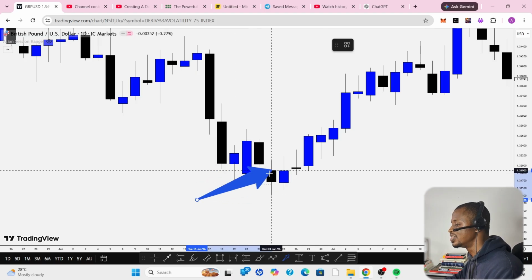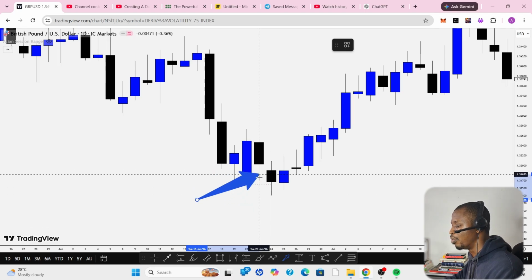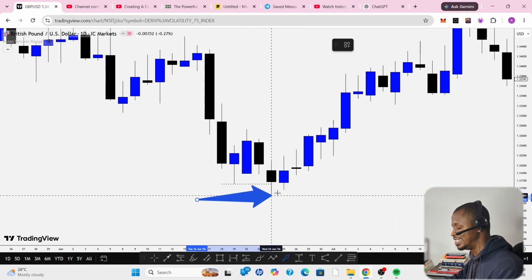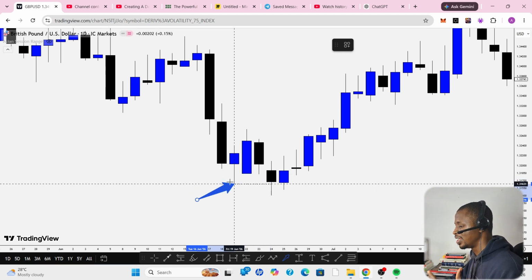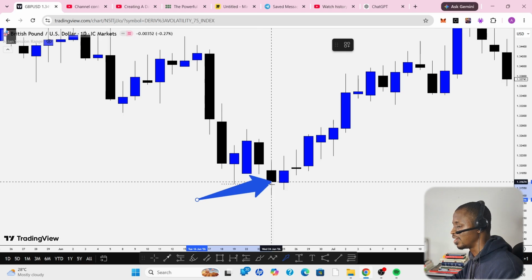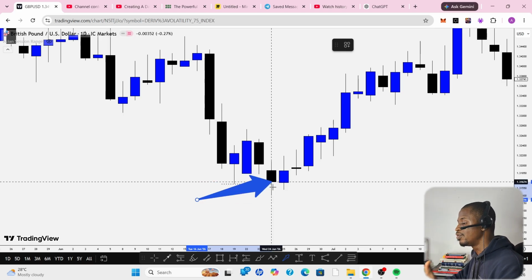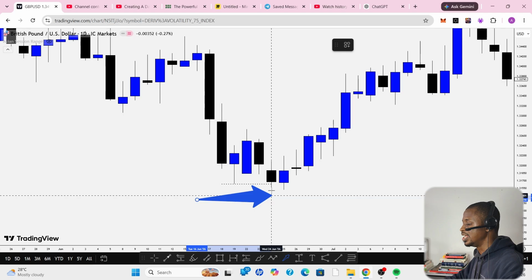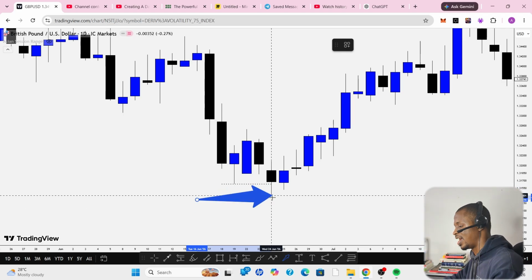Remember, the bearish candle does not close below it. It closes above, within the range. These are the things you must keep in your mind. Once you mark your key level, what do you see around the key level? If you are even looking for a reversal, this should be in your mind: does the candle close below the key level, or does it close above the key level after it wicks down with the wick?